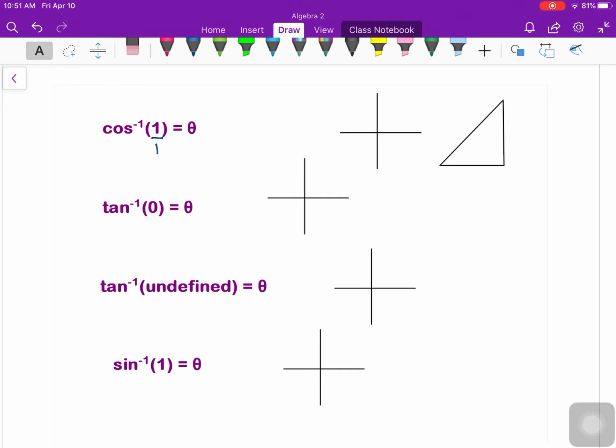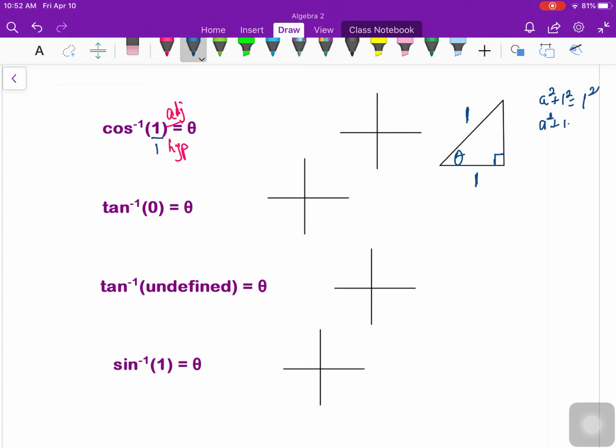Cosine inverse of 1. So again, it's going to be 1 over 1. So here's my theta, here is my right angle. Cosine means adjacent over hypotenuse. So my adjacent is 1. My hypotenuse is 1. So this time my missing side, a squared plus 1 squared equals c squared, which is 1 squared.